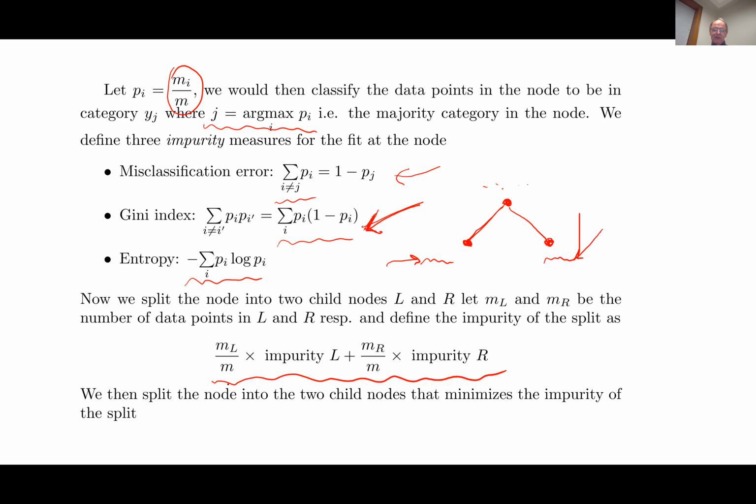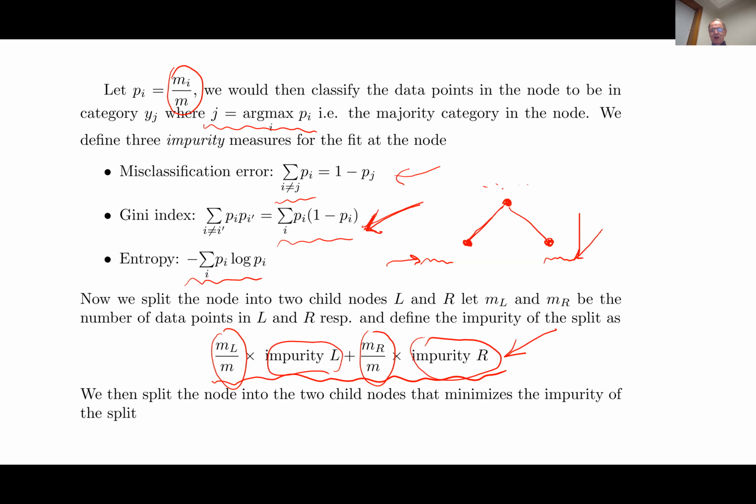So these are the fractions here, ml divided by m. That's the fraction of data points that went to the left node, and mr divided by m is the fraction of the points that went to the right node. And for each of these two nodes, we can compute the impurity, and we look at this weighted sum of the two impurity measures. And then we're going to split the node into these two child nodes in such a way that this number here is minimal.